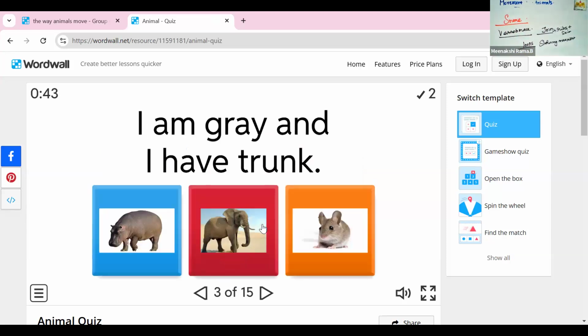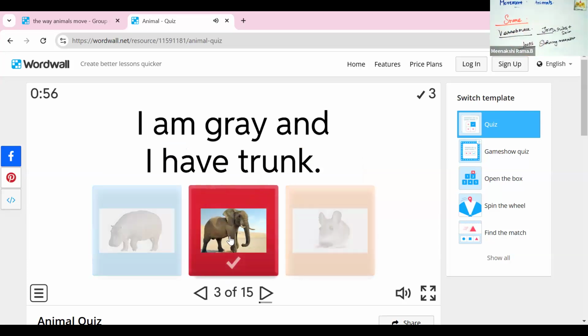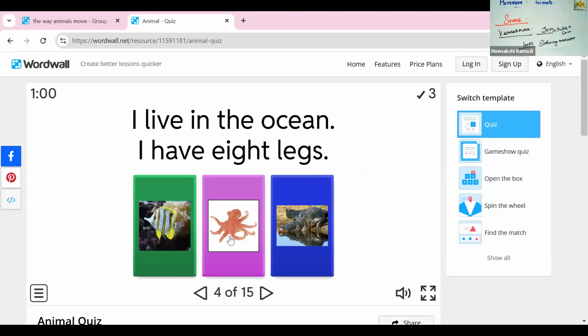I am gray and I have a trunk. Who has a trunk: rhino, elephant, or rat? Yes, the elephant has a trunk. Its body is gray in color. And next one: I live in the ocean. I have 8 legs.